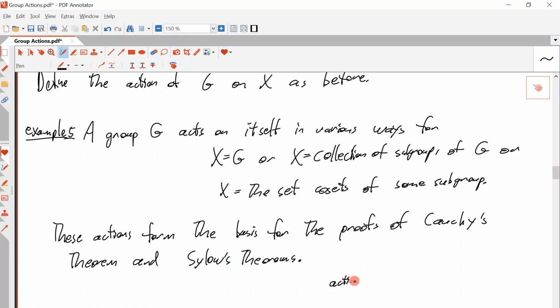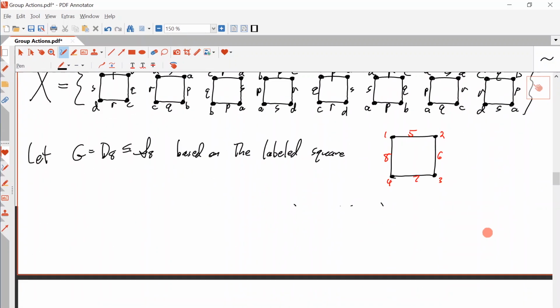The action of g in G on h in X, which was equal to G, was g h g inverse. And we used that to help prove Cauchy's theorem. And we had this thing called the class equation within there, because this is called the conjugation, and you had conjugacy classes. So this is all kind of a generalization of those ideas.